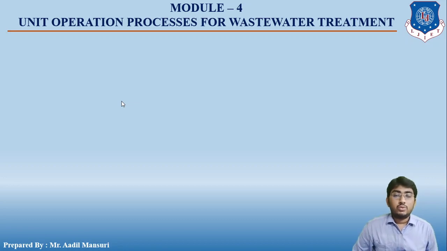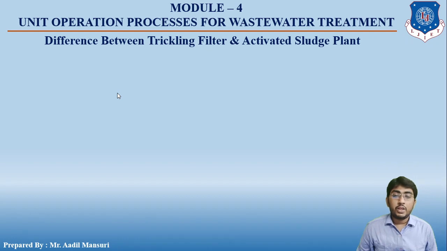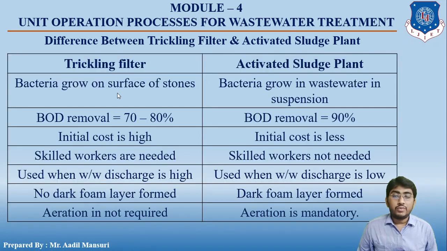Okay students, so let us now start with the next topic, that is the difference between the trickling filter and activated sludge plant. The first difference is related to bacterial growth.